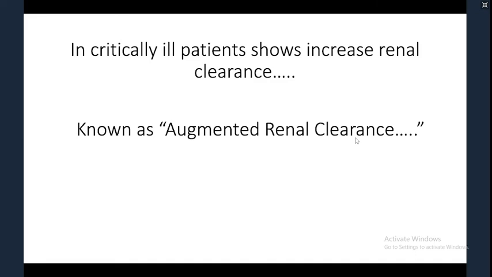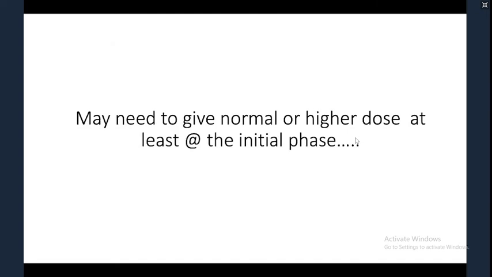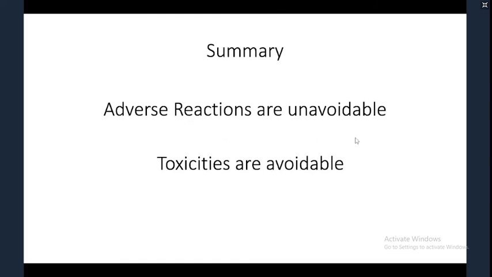So it is worthwhile to keep that in mind when you are treating patients who are renally compromised and come with sepsis. As I mentioned earlier, this type of patient may need normal or higher doses, at least in the initial period of the infection, till they recover from sepsis.